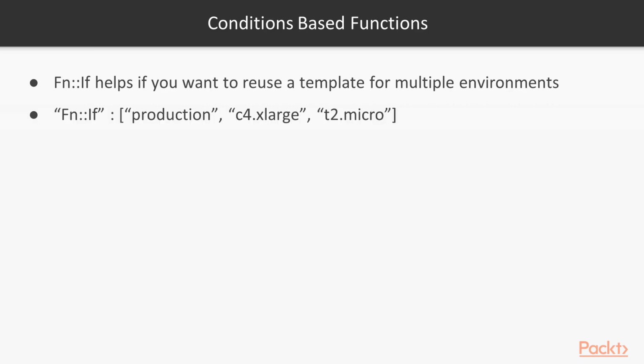So for example, you have a function of if and you have production, you have c4.xlarge and you have t2.micro. What this will do is, if the environment is production, then c4.xlarge will be selected. If the environment is not production, then t2.micro will be selected.